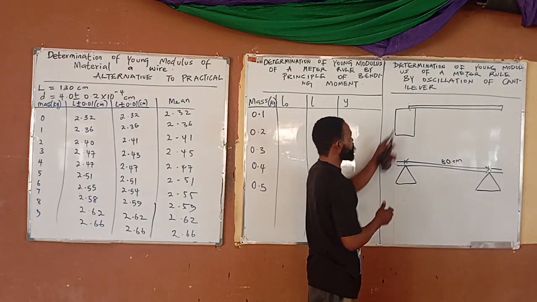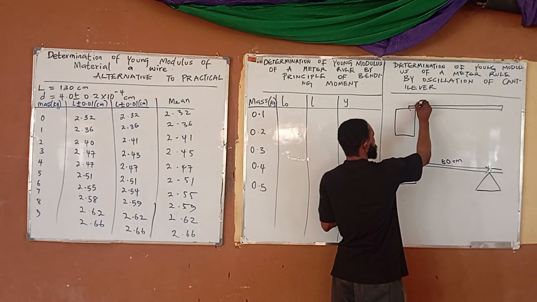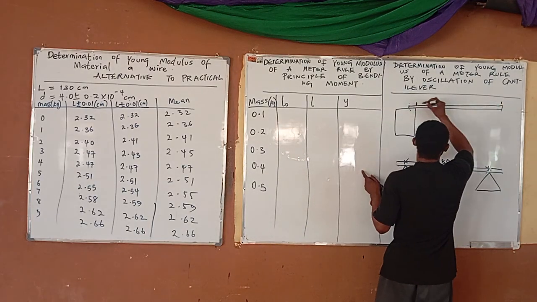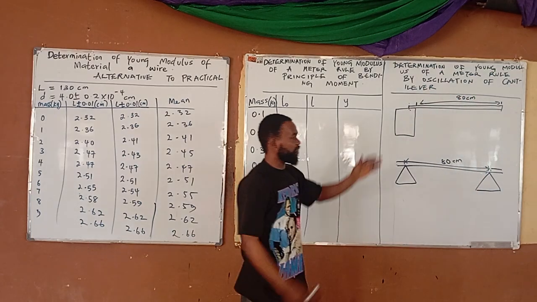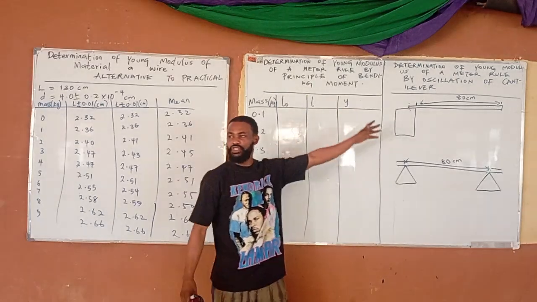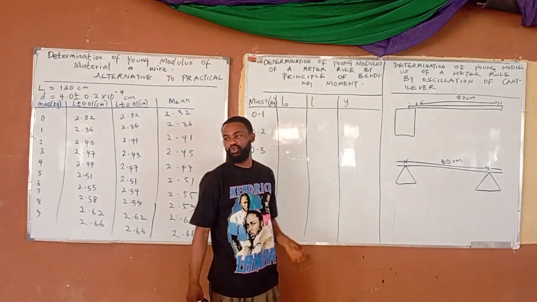So if that is the case, for this one, if I have from this end to this end like 80 cm, I can also do this practical. So whichever way we choose to.